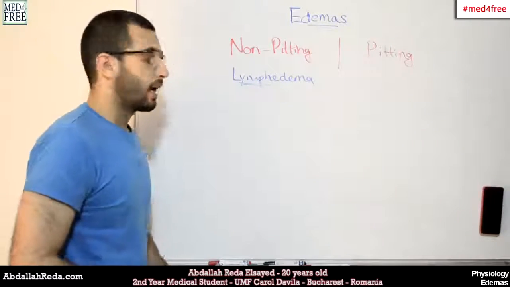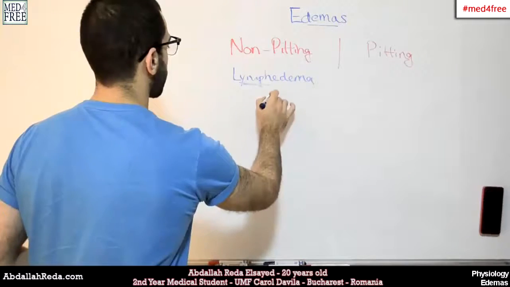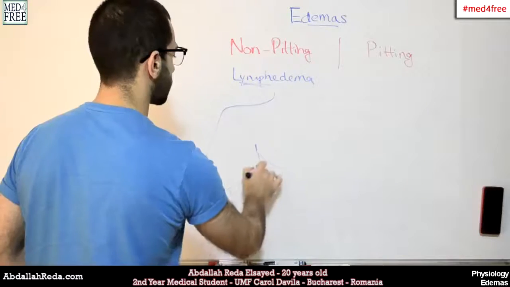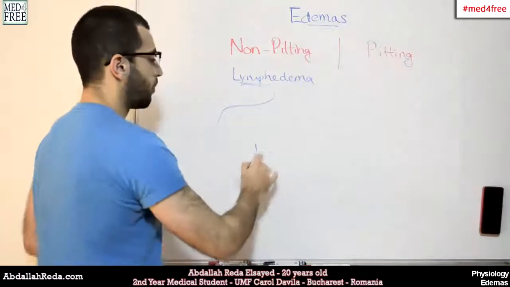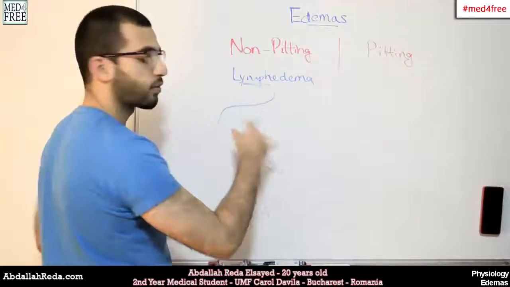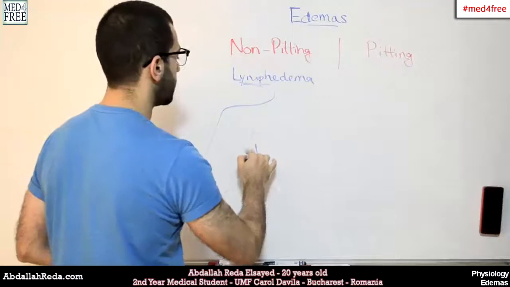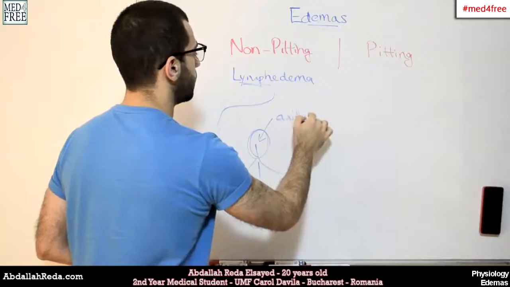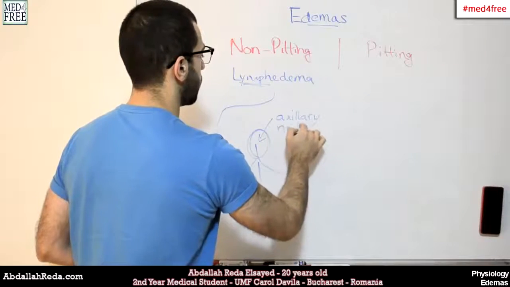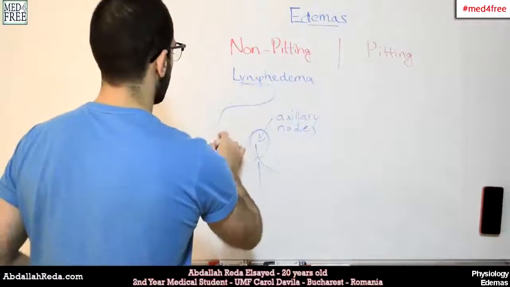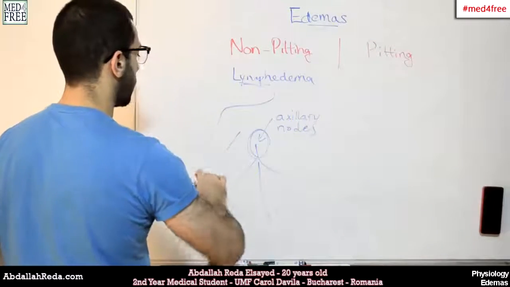For example, after breast cancer, mastectomy is done, and throughout the process we have in this area axillary lymph nodes. So through the removal of these nodes we would have an edema throughout the arm.